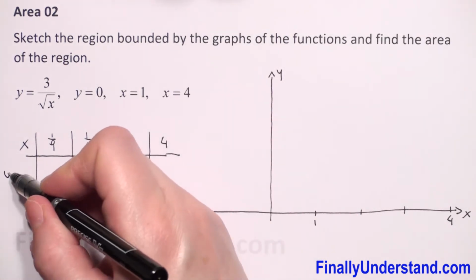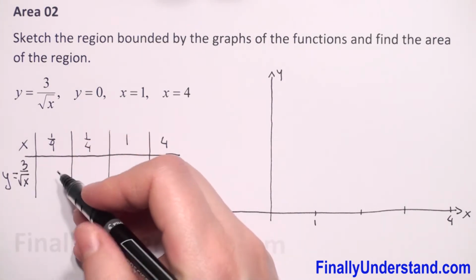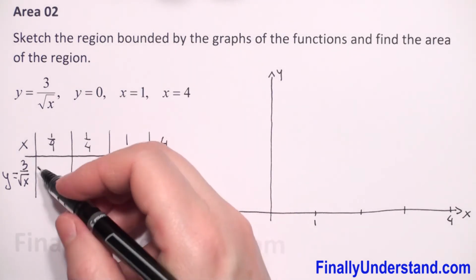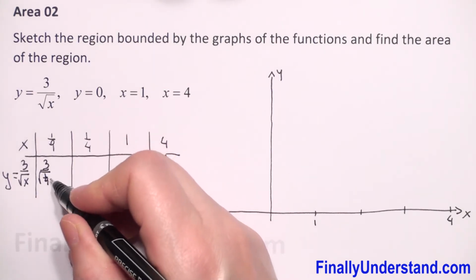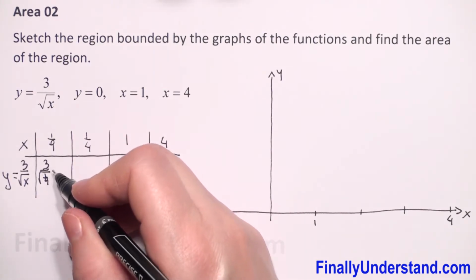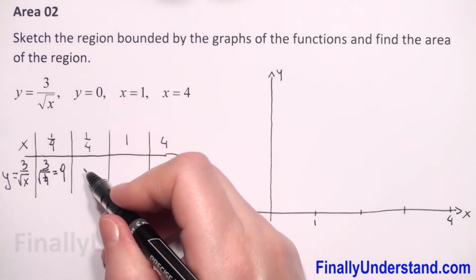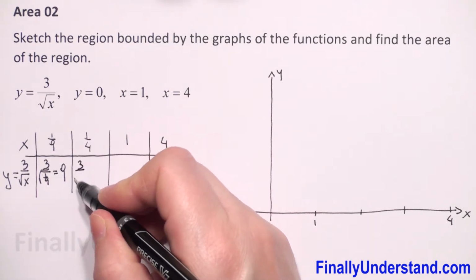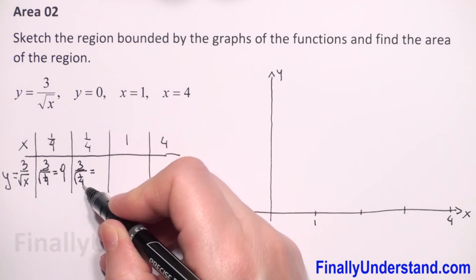So y is equal to 3 over square root of x. It will be 3 over square root of 1 over 9, which is 1/3. So it will be 3 times 3, which is 9. For 1 over 4 we will have 3 over square root of 1 over 4, which is 1/2 in the denominator.